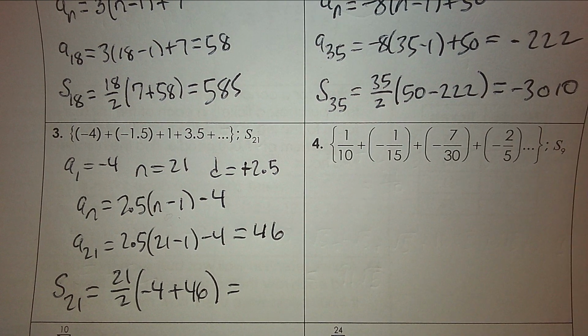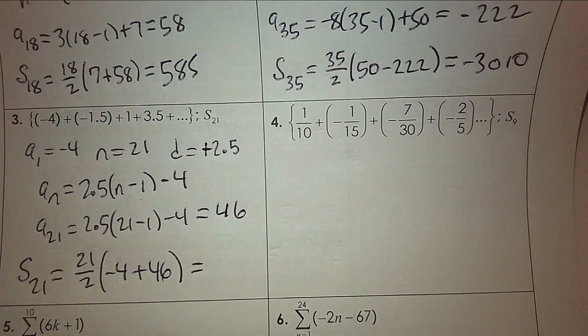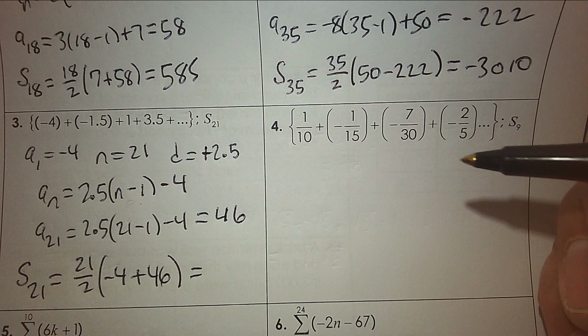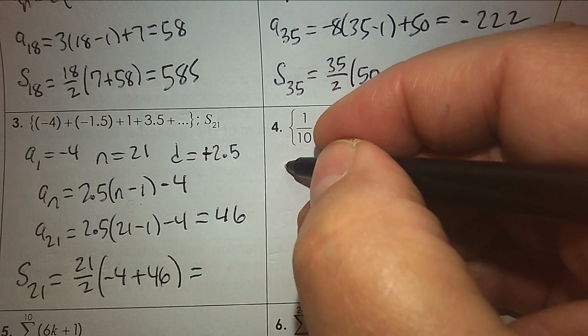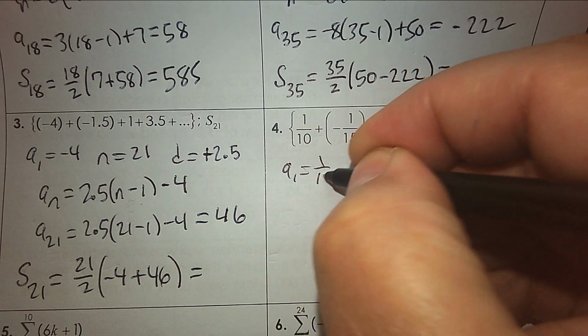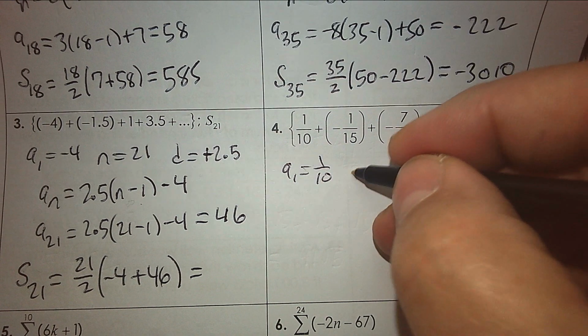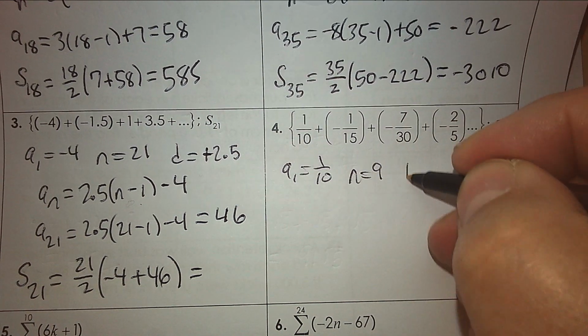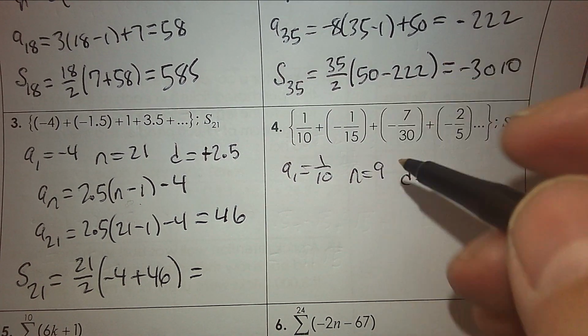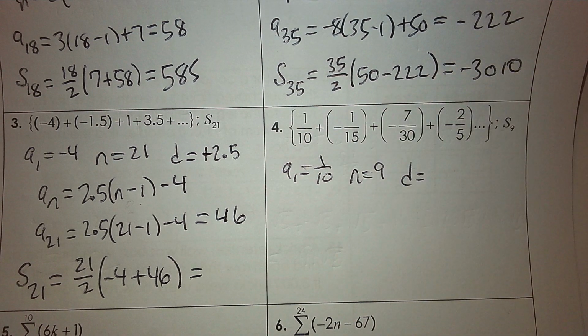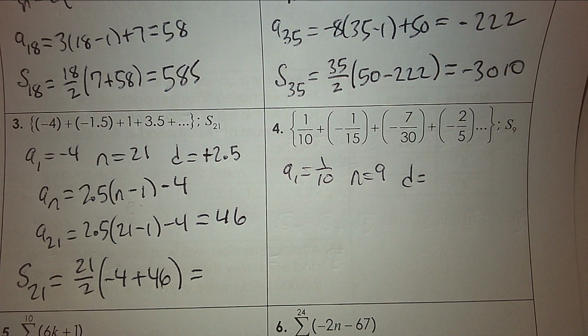All right, number 4. In number 4, the first term is 1/10. I know I have 9 terms. The common difference, I'm going to have to subtract any two numbers together. So if I subtract, it will give me the answer. And you can use your calculator if you want.